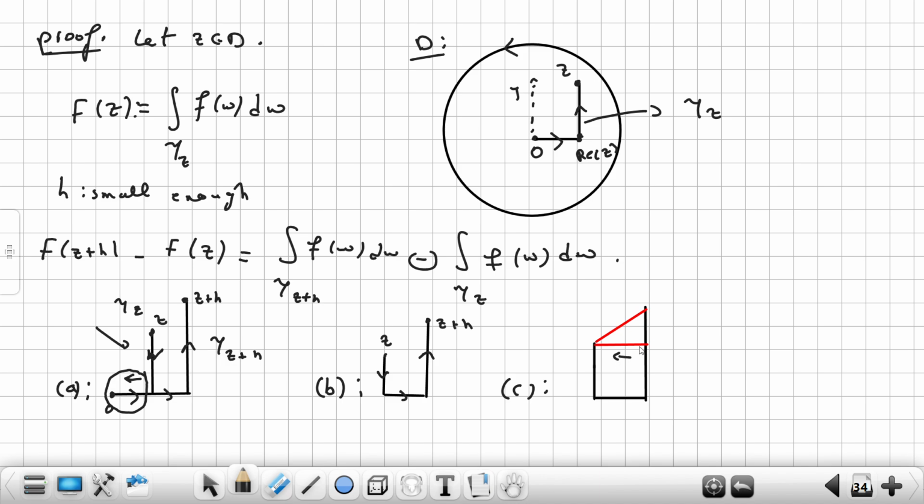Add this direction, left, right, and this direction in opposite senses.